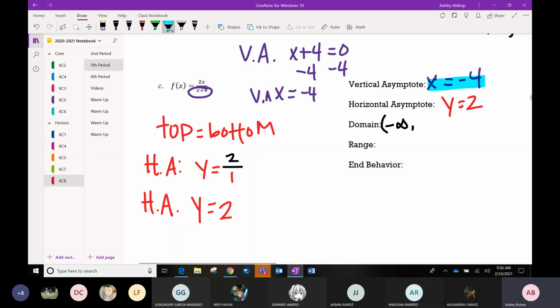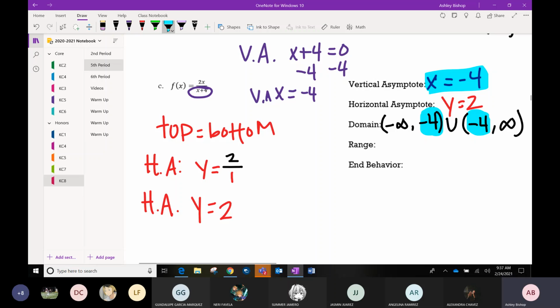My domain is going to be interrupted by an x value of -4 because that's my vertical asymptote. An asymptote is an interruption in your graph. So I know that my graph is going to go from -infinity to -4, stopping at -4, and then the other side of my graph is going to start at -4 and go on to positive infinity. Remember, when there's no holes, your domain and range are very simple and have everything to do with your vertical and horizontal asymptote.